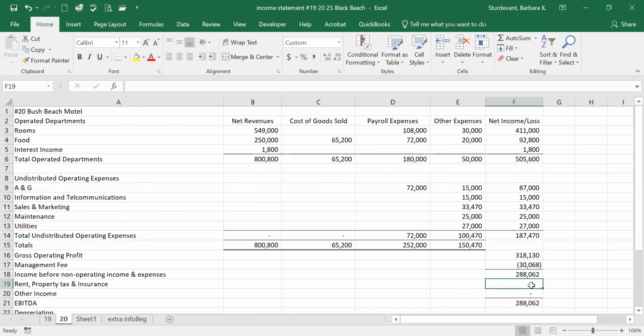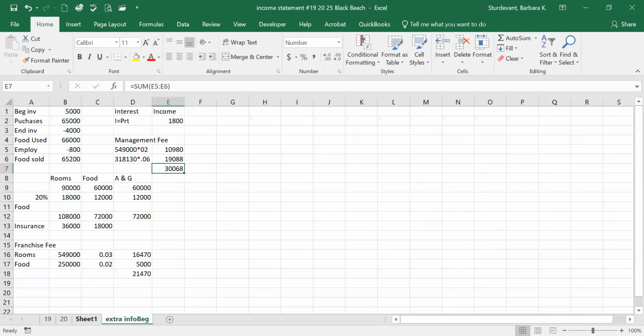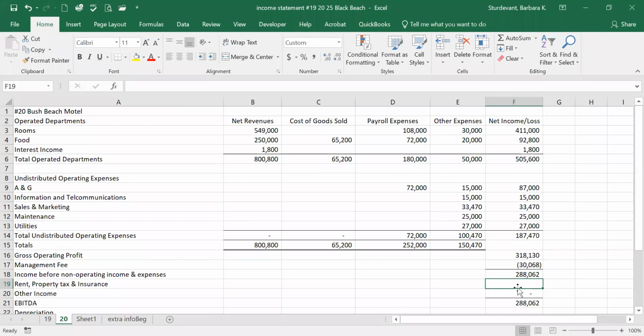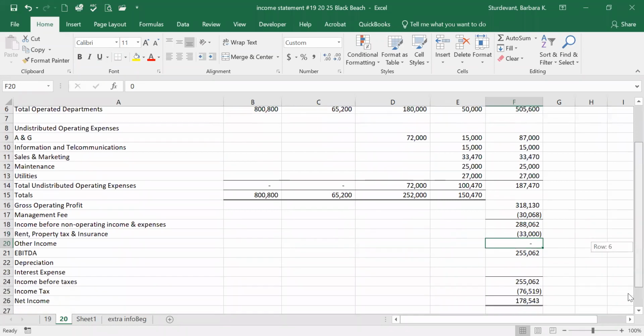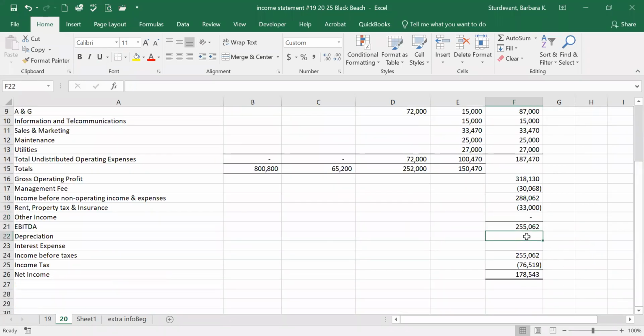Did we have any other income in this one? Hang on a second. For some reason, I have trouble with my Excel sometimes. Okay, so there wasn't any other income. We didn't sell anything. Okay, depreciation. One of these you had depreciation and amortization.